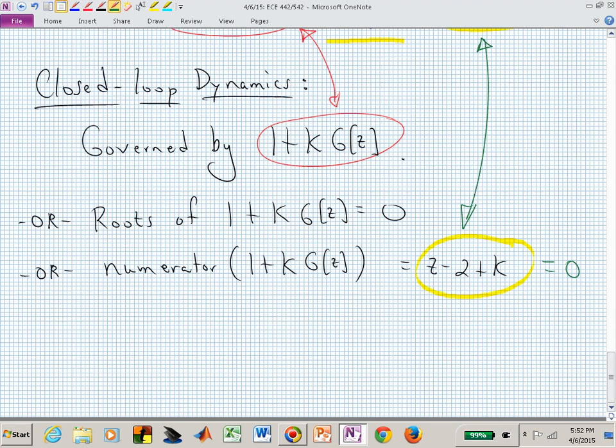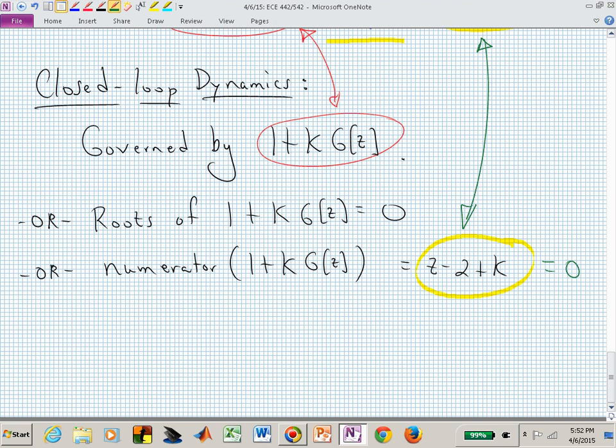And since that governs my closed loop dynamics, I have total freedom over k. I hope I can find some k's that will give me a good or an acceptable dynamic behavior. I can let k be between 0 and infinity. Some of those may be good choices, some may not be so good.